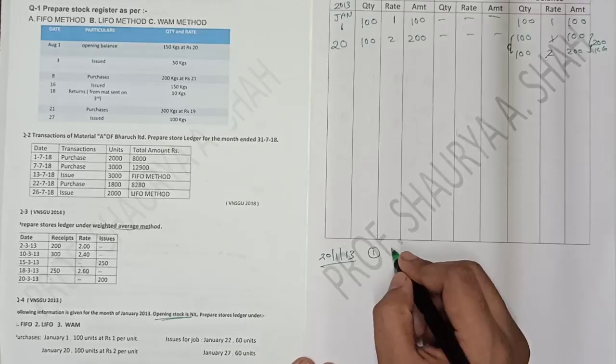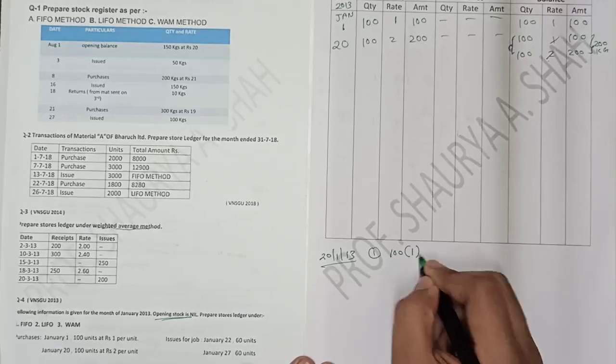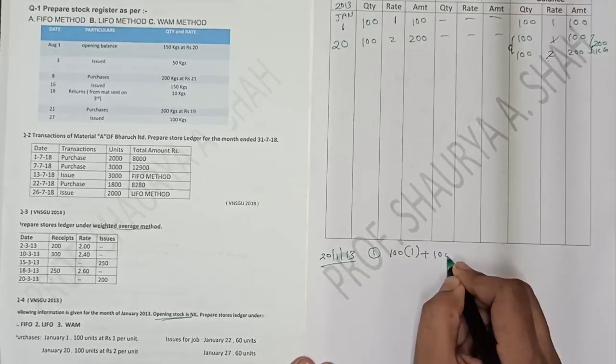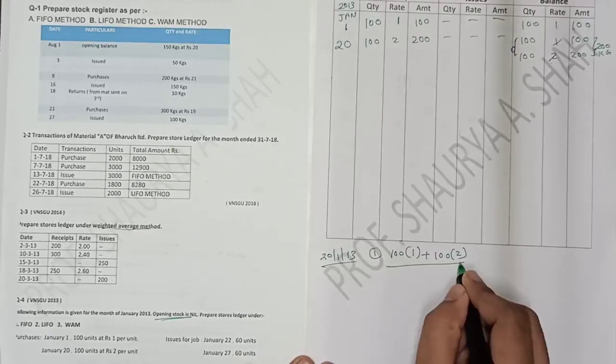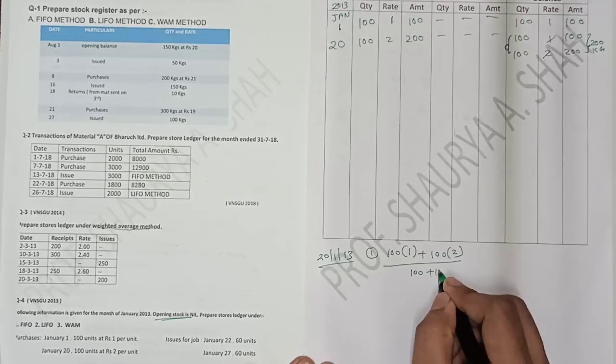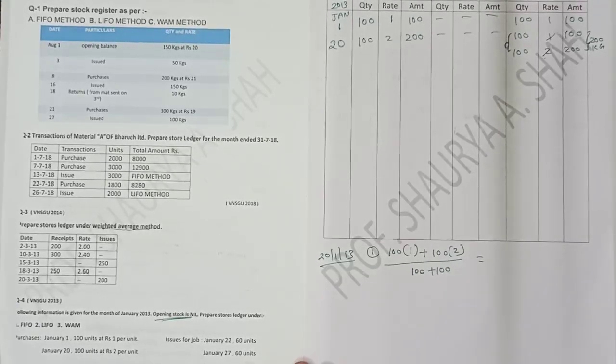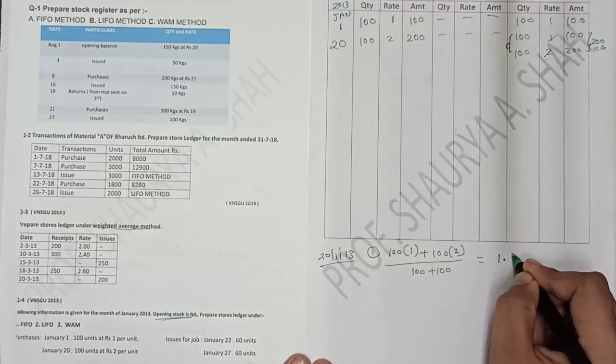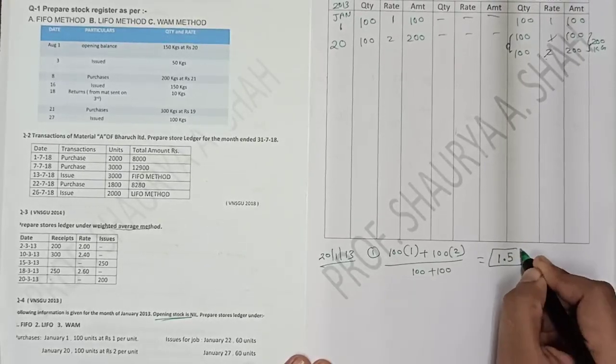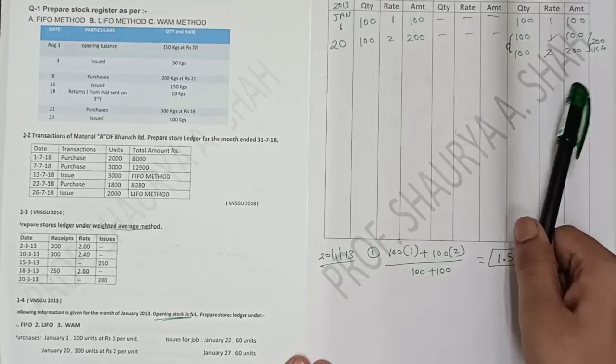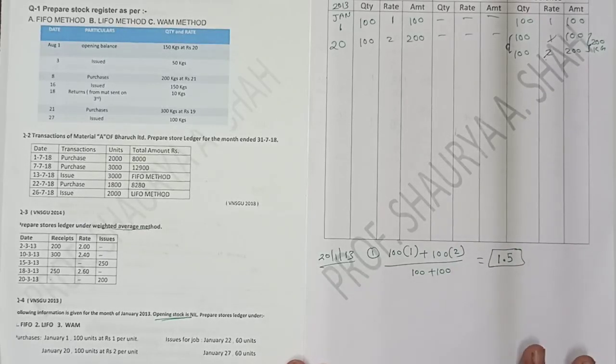So what I'll do is, earlier 100 into price 1 plus next 100 into price 2, divided by 100 plus 100, right? So I'll get the answer of 300 divided by 200, that is 1.5. Purposefully I am writing this so that you can understand this in every sum, right?